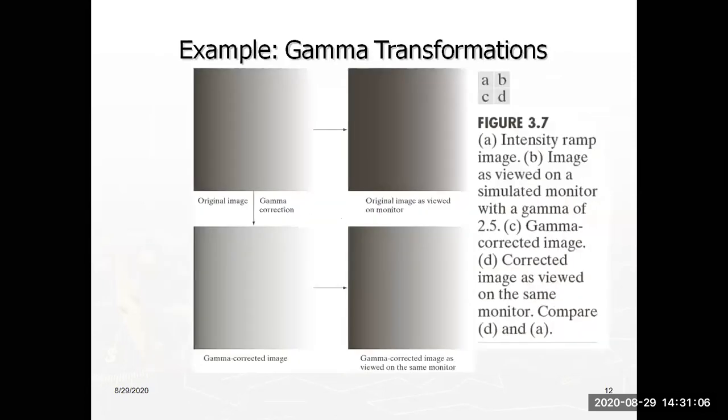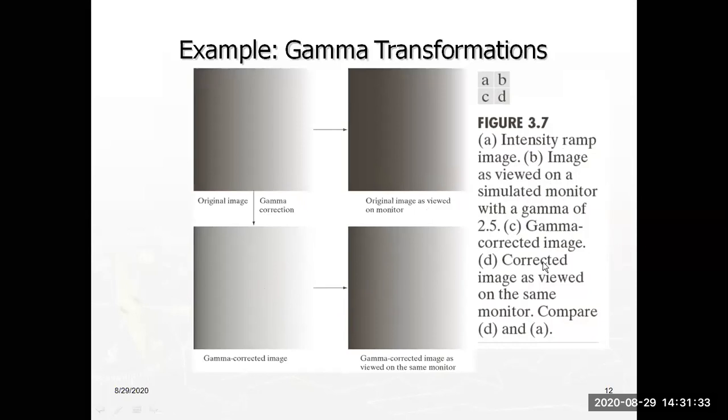If you apply the gamma transformation function, what happens? A is the intensity ramp image. B is the image viewed on a simulated monitor with a gamma of 2.5. C is the gamma corrected image.